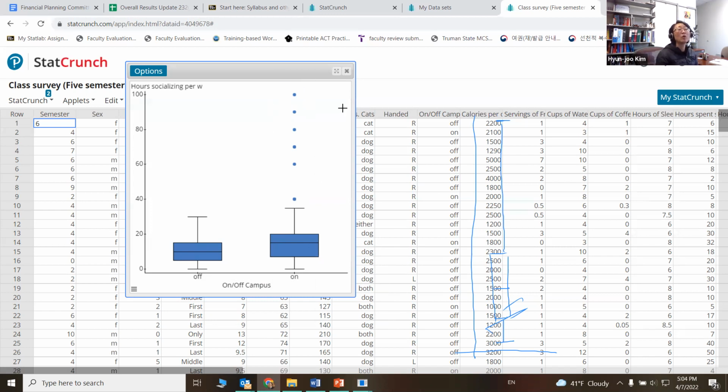Those are all outliers, outside of your upper fence if you calculate it by hand. Apparently, among on-campus students, there are a number of students who spend extremely more time socializing. So you can compare off-campus and on-campus socializing hours in that way.